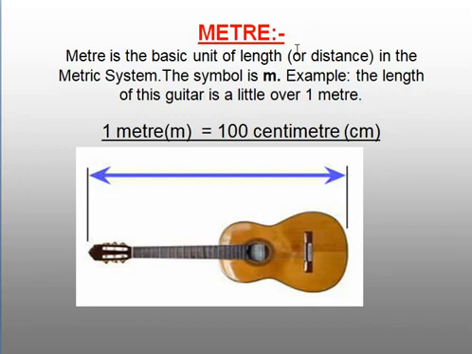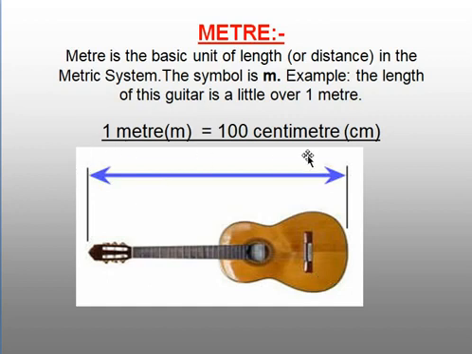Then coming to meter, meter is basic unit of length or distance in the metric system. The symbol is m. Example, the length of the guitar is little over 1 meter. The actual guitar has a length of over 1 meter.